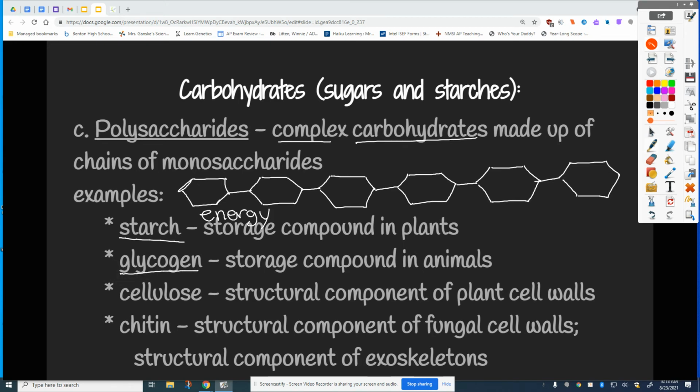Then we have glycogen, which is energy storage in animals. And we find glycogen in the muscles, in the liver, in animals.